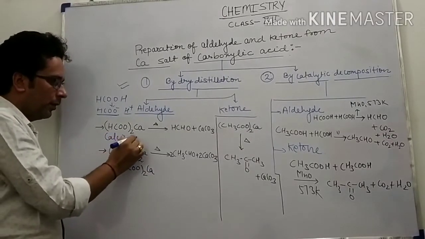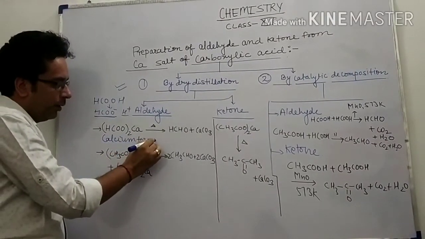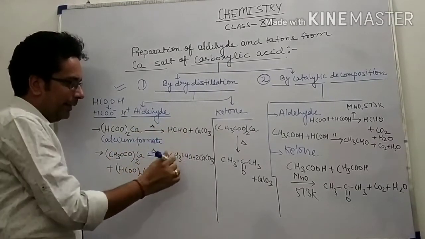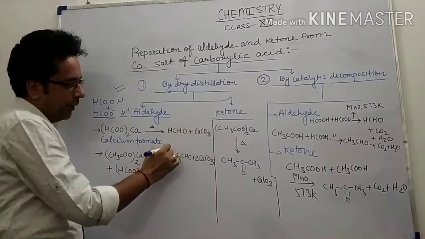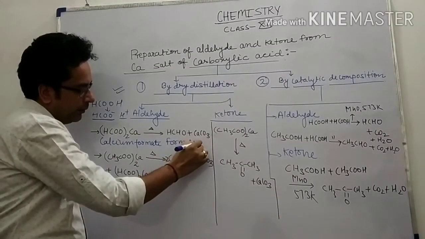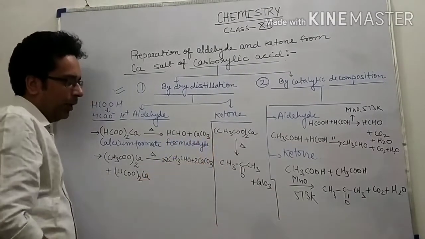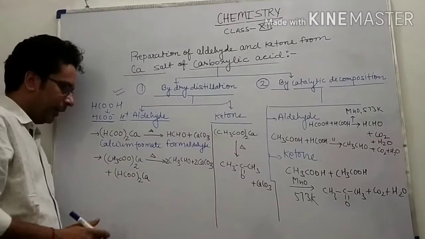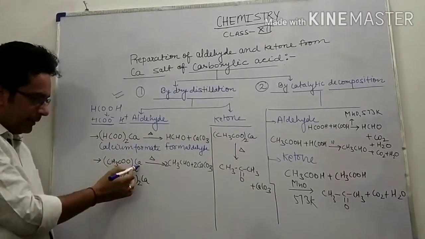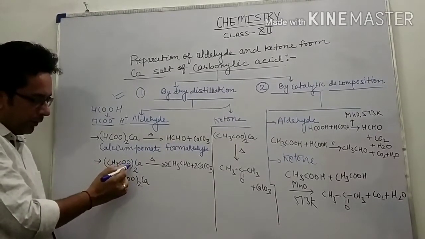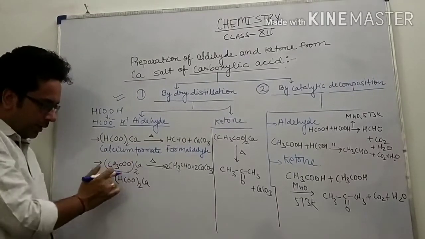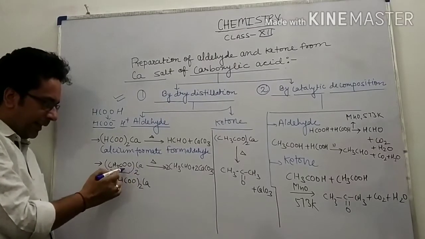Calcium formate on heating gives the simplest aldehyde, that is HCHO, formaldehyde, along with calcium carbonate. Now when we heat the mixture of calcium CH3COO, this group is known as acetate, so the name of this compound is calcium acetate.